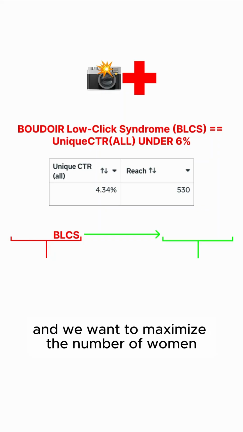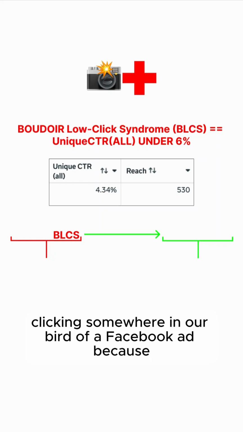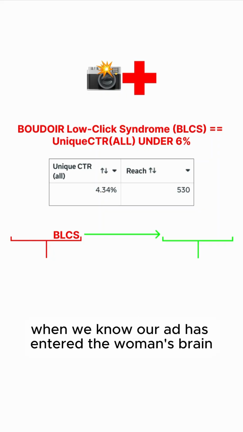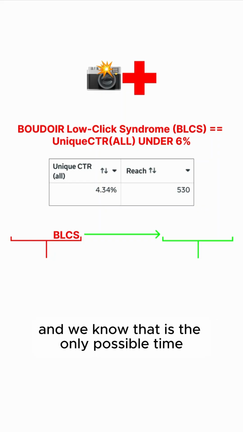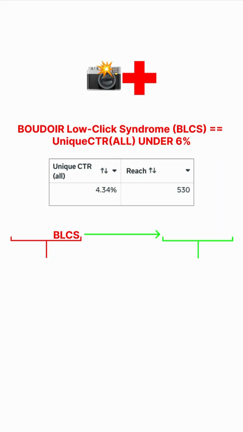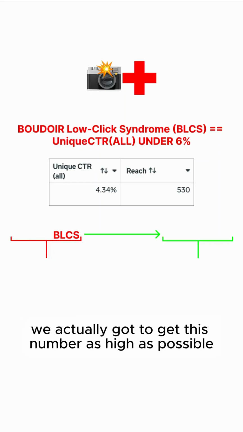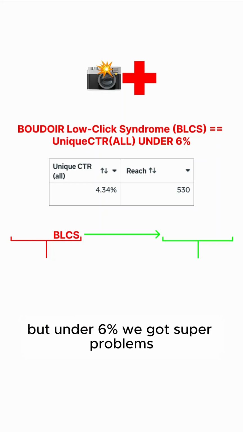And we want to maximize the number of women clicking somewhere on our Boudoir Facebook ad, because that is when we know our ad has entered the woman's brain, and we know that is the only possible time she will buy, or there's a non-zero chance that she will buy. So we actually gotta get this number as high as possible, but under 6%, we got super problems.